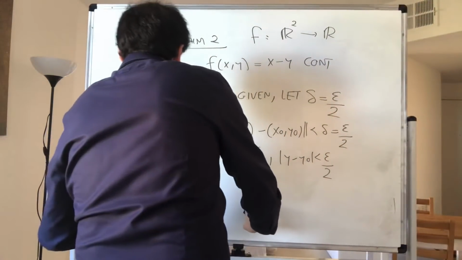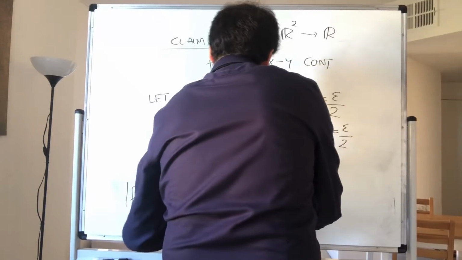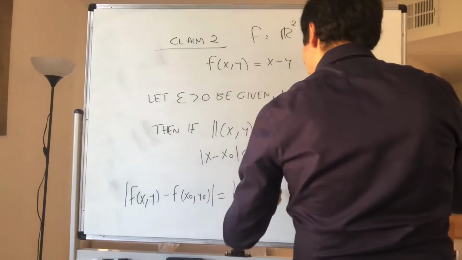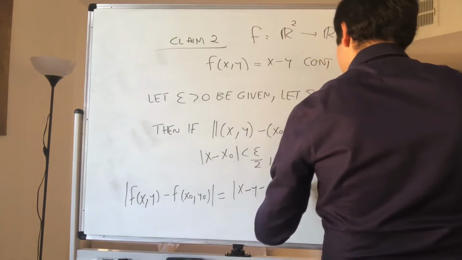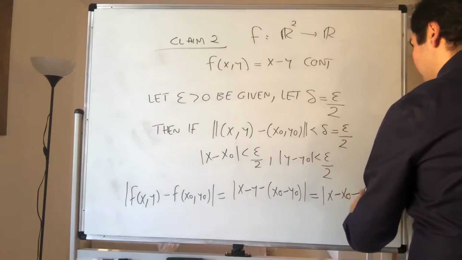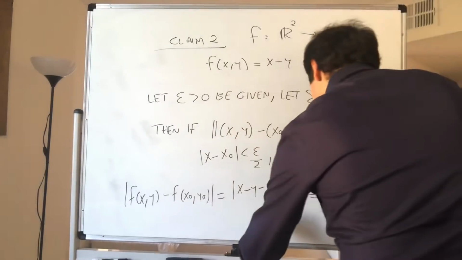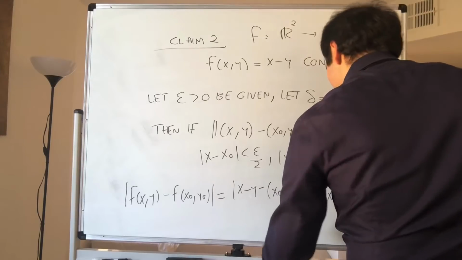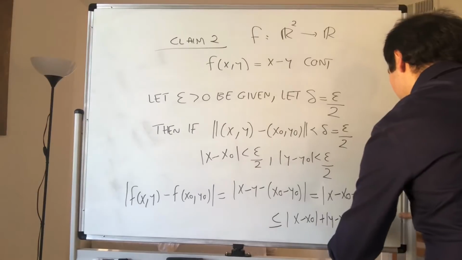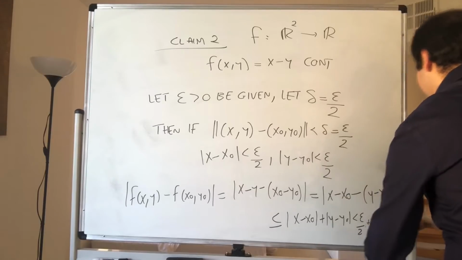But then the distance between f(x, y) and f(x₀, y₀) becomes |(x − y) − (x₀ − y₀)|, and that is |(x − x₀) + (−(y − y₀))|, which is less than or equal to |x − x₀| + |y − y₀|, which is less than epsilon over 2 plus epsilon over 2, and that's epsilon.